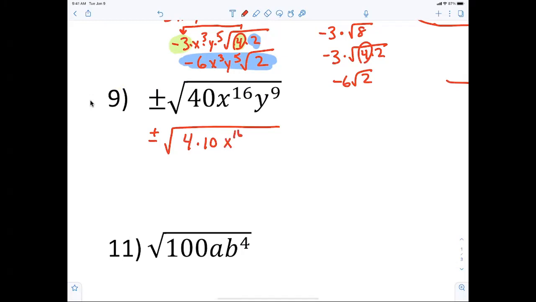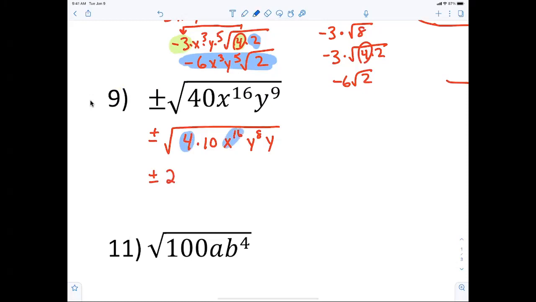All right, is x to the 16th a perfect square? Yes. Is y to the 9th? No. Y to the 8th times y. All right, now we're going to go through. What's the square root of 4? 2, so it's plus or minus 2.